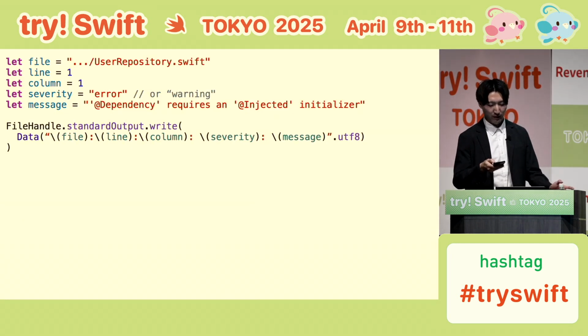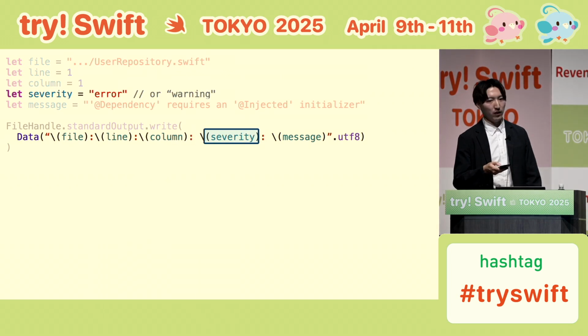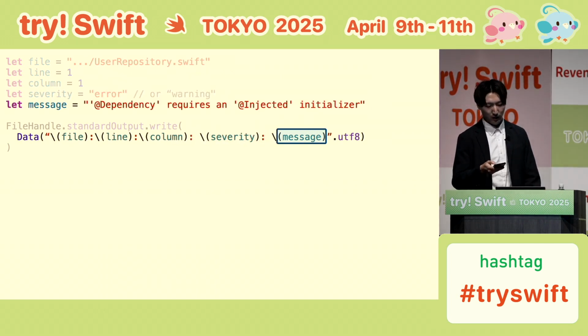To display an error, we need to write to standard output in the following format: which file, which line, which column, and whether it is an error or warning, so it can present the appropriate message.